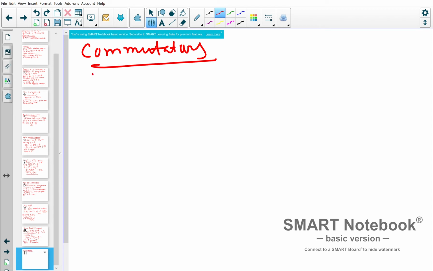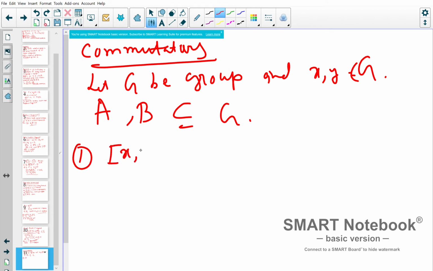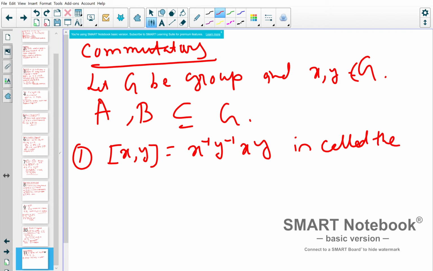Let G be any group, and you choose some elements, say x, y belonging to G, and you also choose any subsets of G. So definition one: we define the bracket [x, y] by the symbol x inverse, y inverse, x, y, and this is called the commutator of x and y.